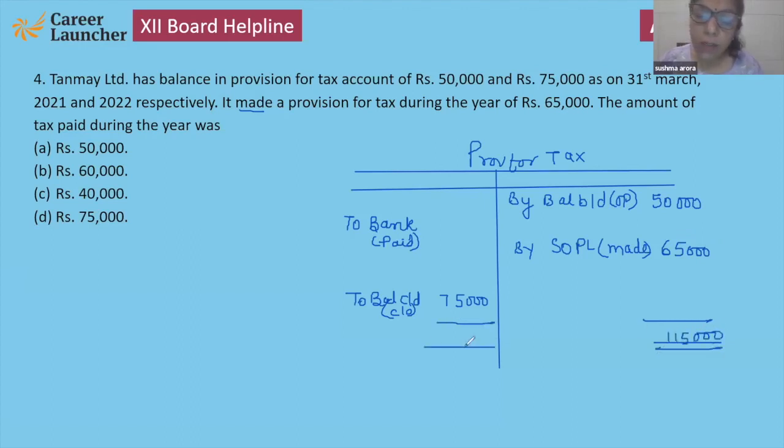And when we deduct 75,000, we come to know that 40,000 is the balancing figure. So in the question, if they are asking about paid, you will find the answer here. If they are asking you to calculate the made amount, you will find the answer here. Got it?